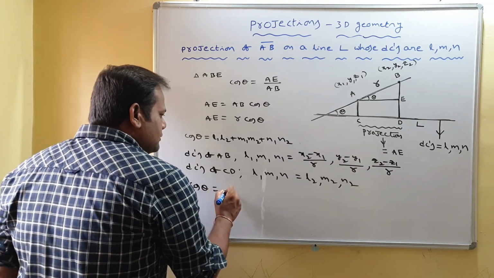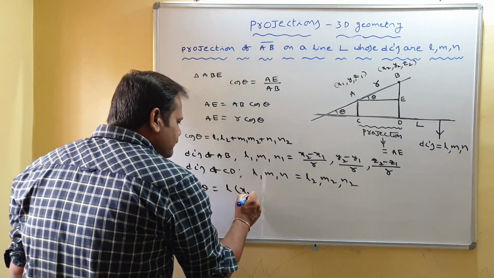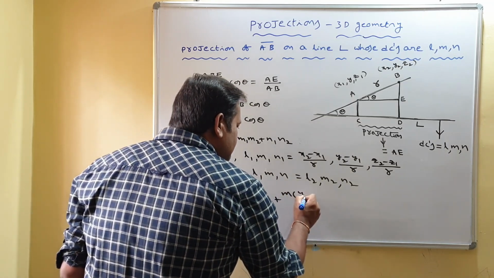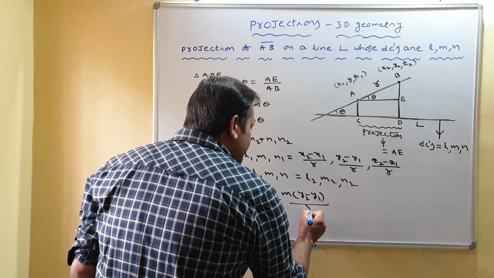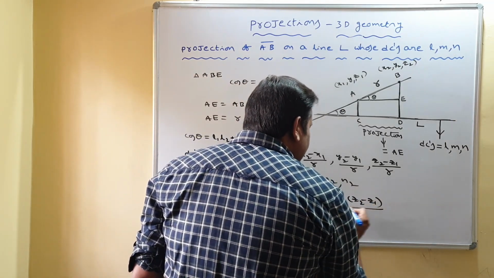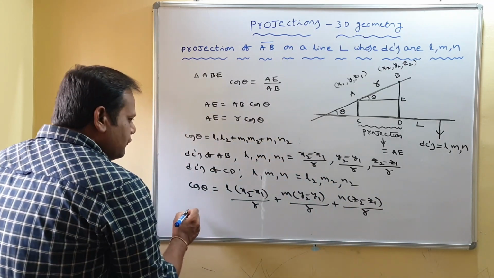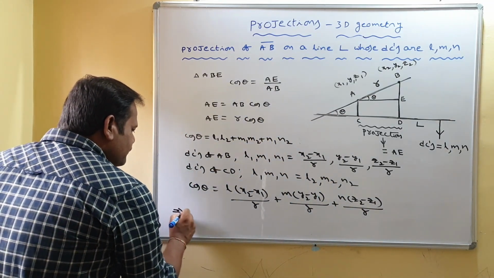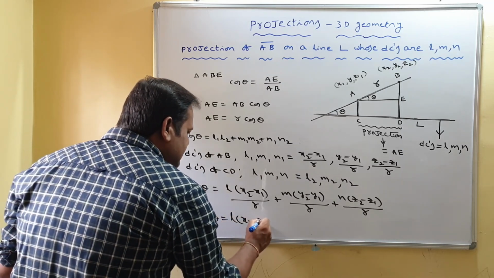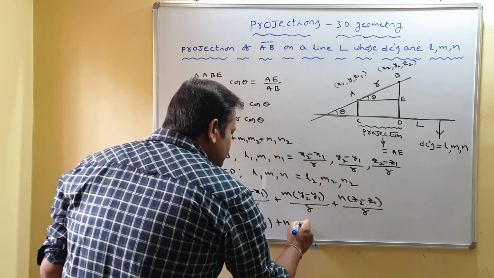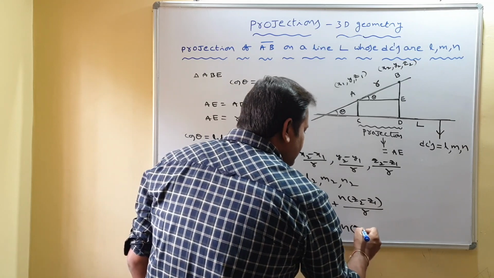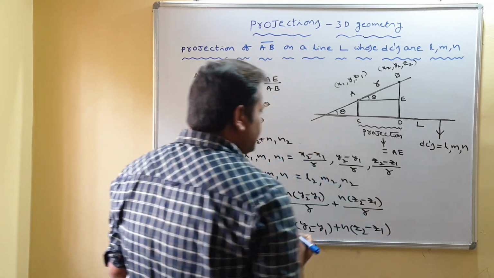That will be l into (x2 minus x1) by r plus m into (y2 minus y1) by r plus n into (z2 minus z1) by r. So from this you can write r cos theta equal to l into (x2 minus x1) plus m into (y2 minus y1) plus n into (z2 minus z1).